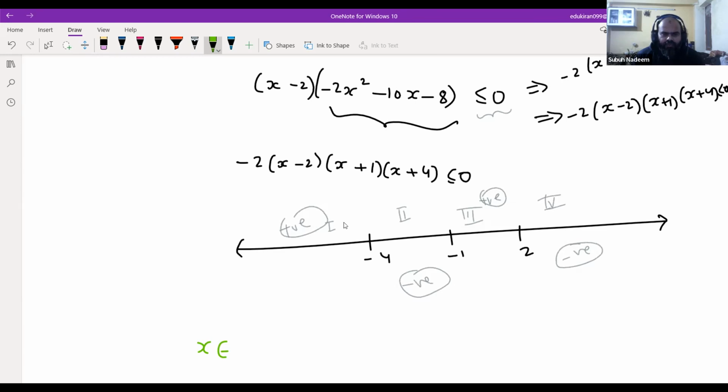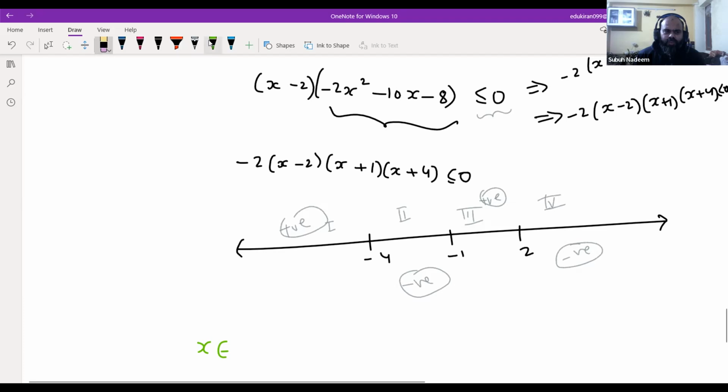You are taking negative now, less than equal to 0, so it's square bracket. Why are you taking infinity? You are talking about less than equal to 0, no? Infinity is not taken in a square bracket. It is always taken in curved bracket.